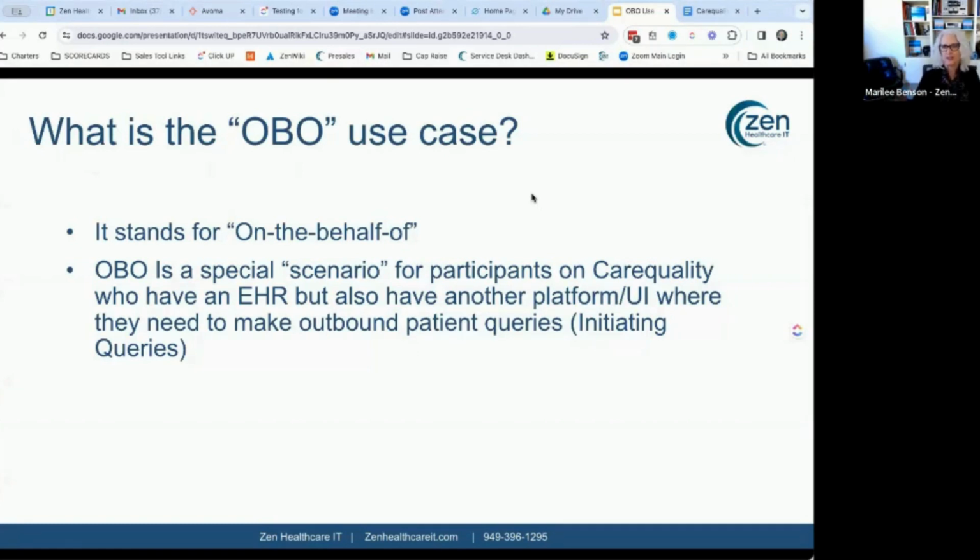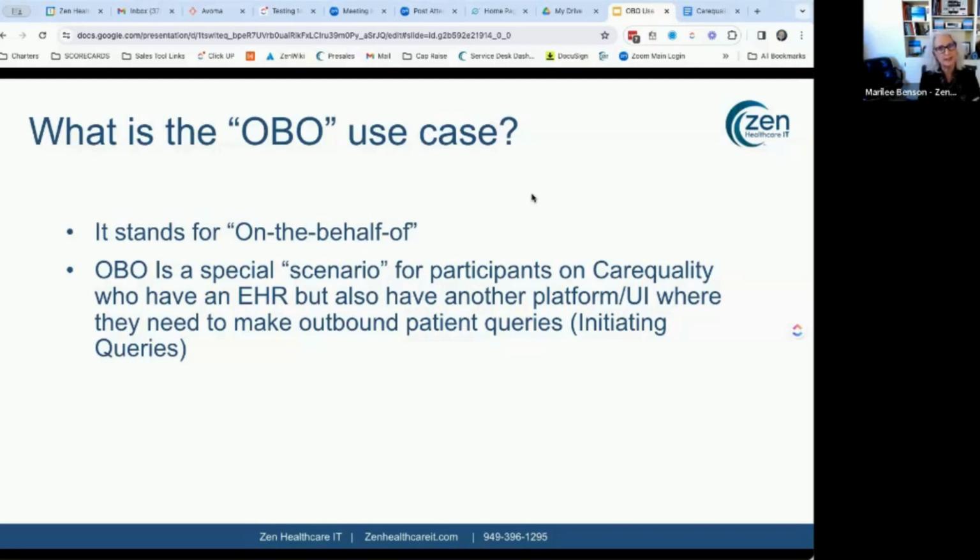At the very highest level, this OBO use case is a special scenario for participants on the Carequality network who have an EHR system that they use to connect to the national networks, and that acts as a responding endpoint for them under the national networks.